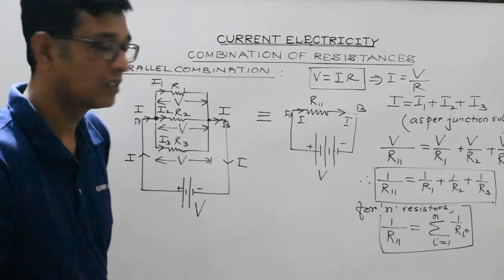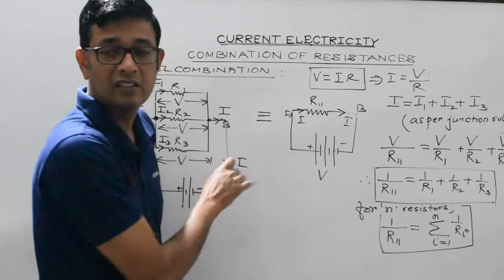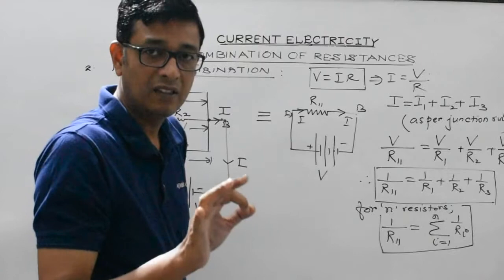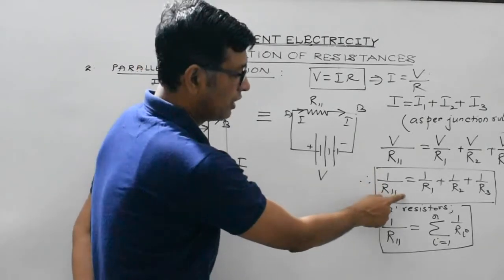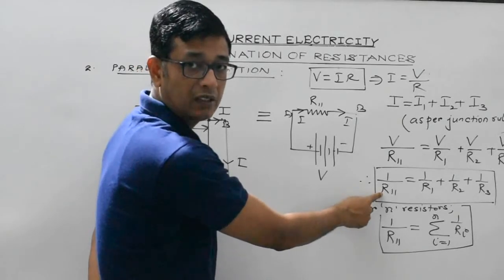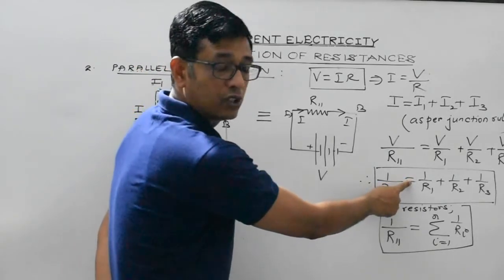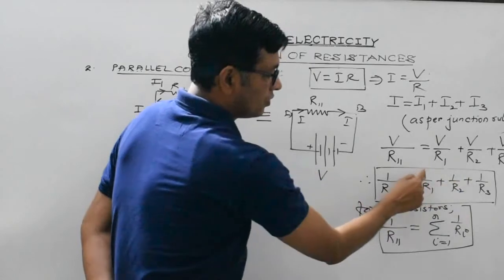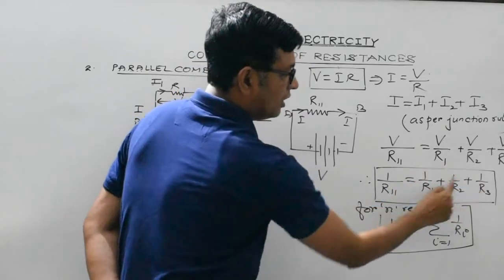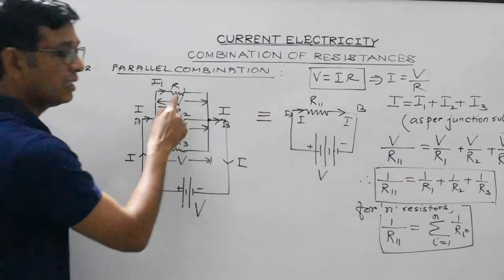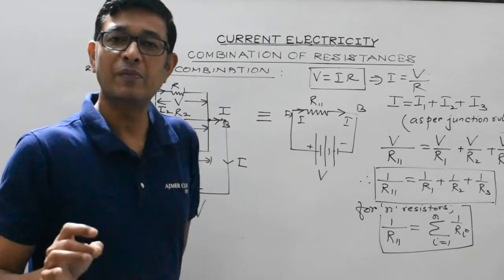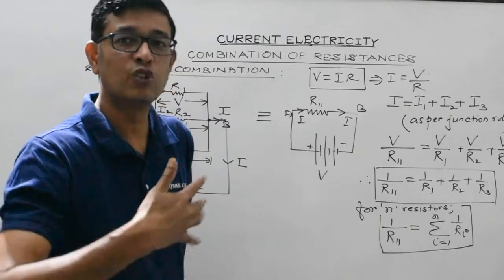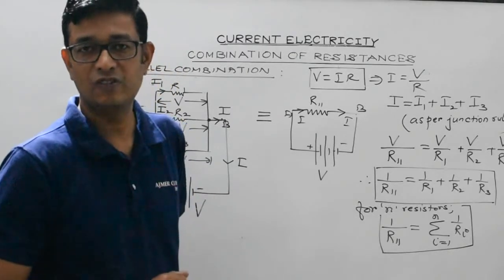I repeat, students, in case the resistors are connected in parallel, then the reciprocal of the equivalent resistance of the parallel grouping is numerically equal to the sum of the reciprocals of the resistances of the individual resistors. So this is the statement of the law of parallel grouping of resistances, right?